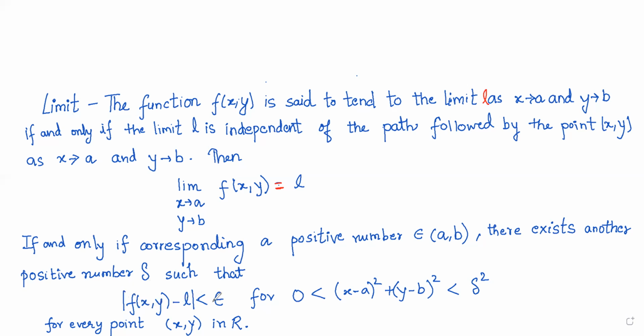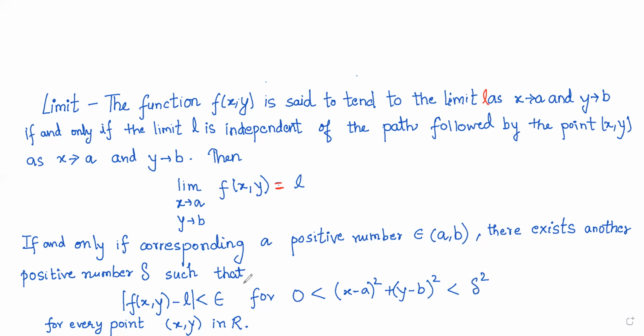|f(x,y) - L| is less than epsilon, where epsilon is that positive number, for 0 less than (x - a)² + (y - b)² less than d².